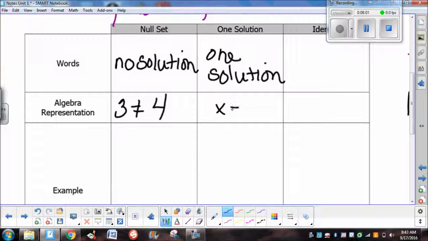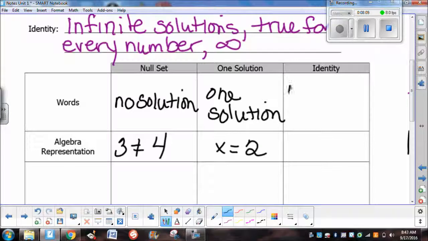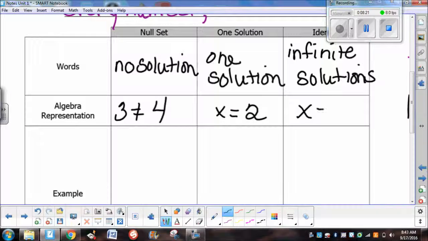You get a variable equal to some number. And then the identity is infinite solutions. That's what I'll use most often, okay, infinite solutions. And what does that look like? Where the right side equals the left side.